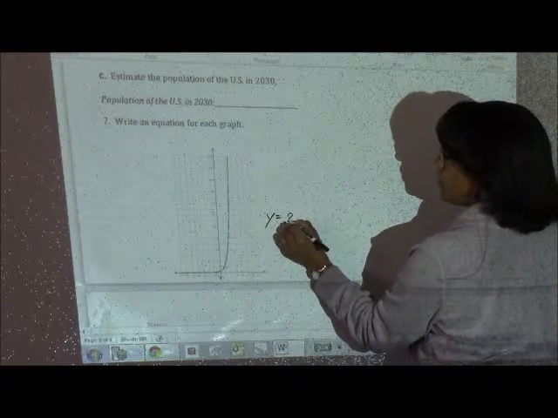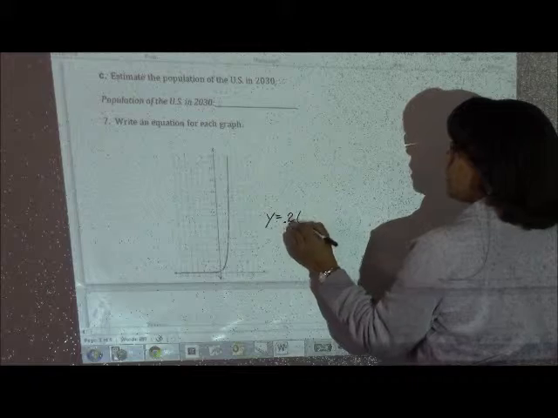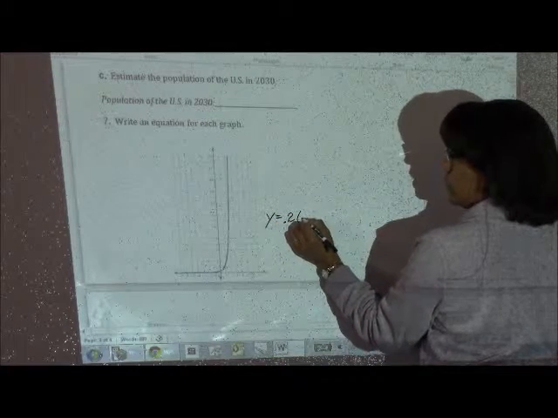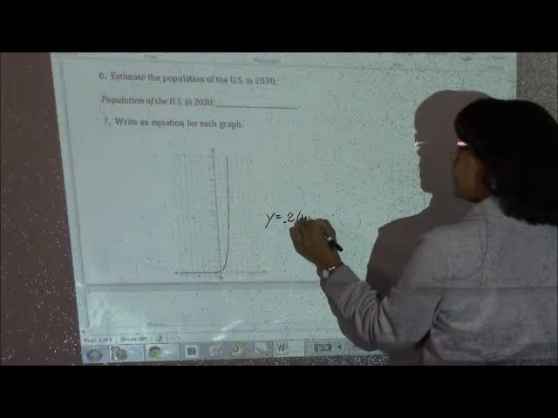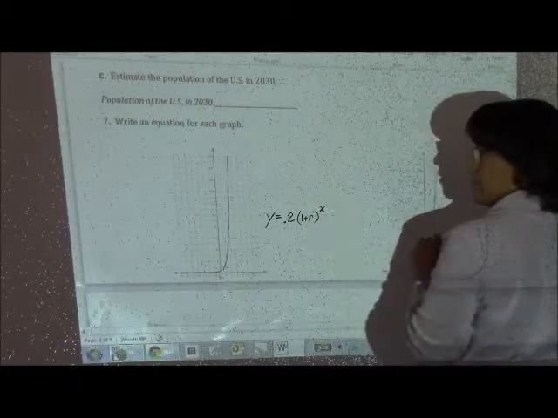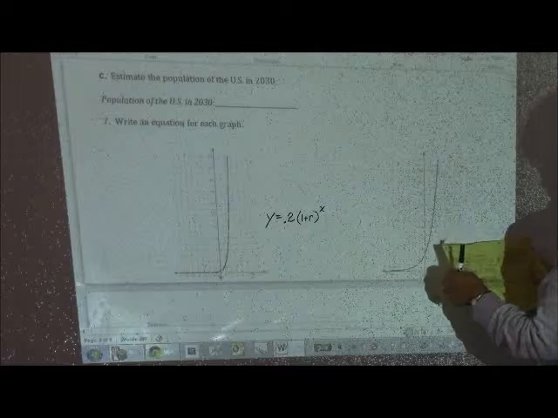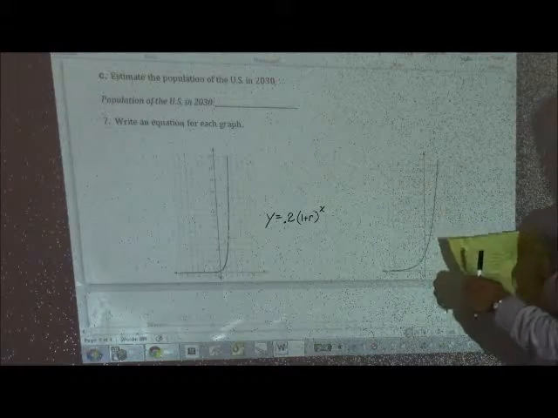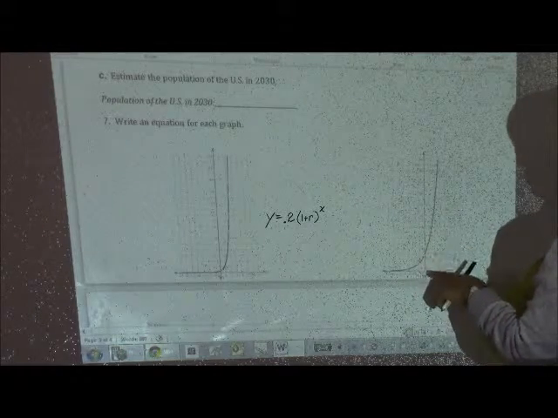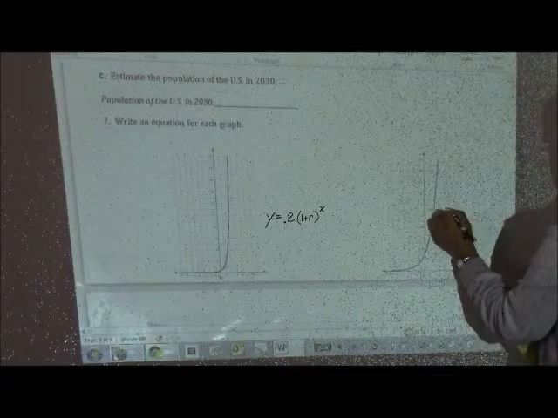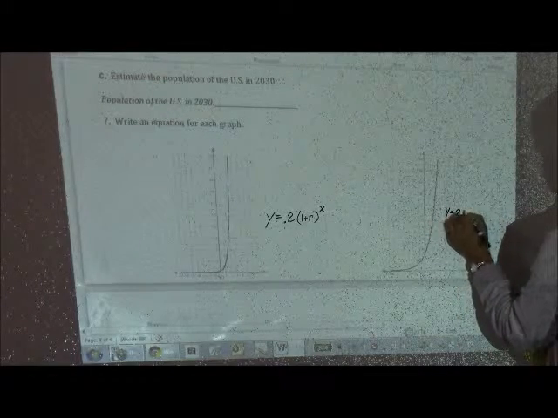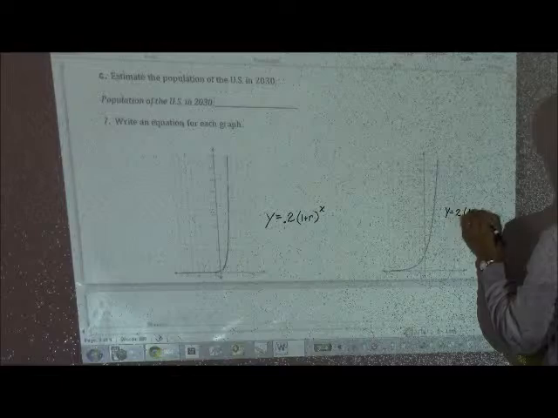So our initial value is 0.2. That's our A. Times B, we know it's growth, so it's 1 plus R to some x, okay? And right here, when I look at my graph, that looks like it crosses at about 2. And so y is equal to 2 times 1 plus R to the x.